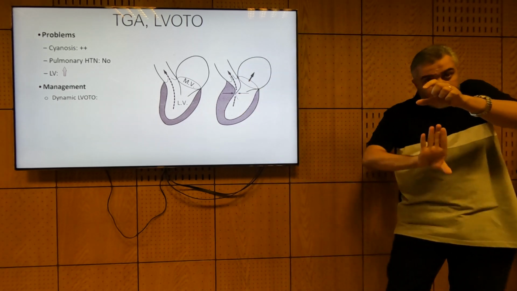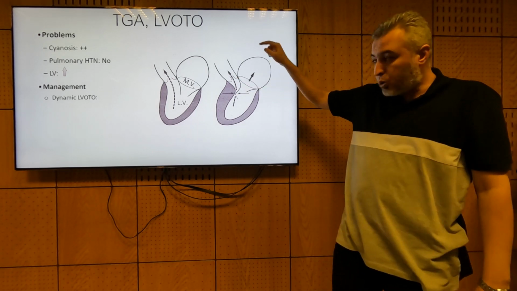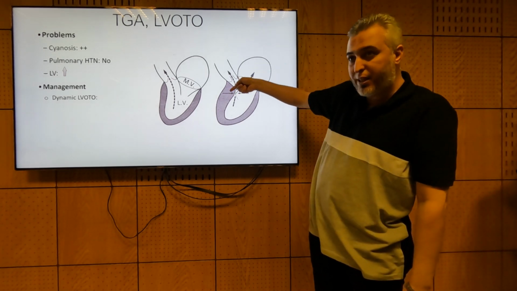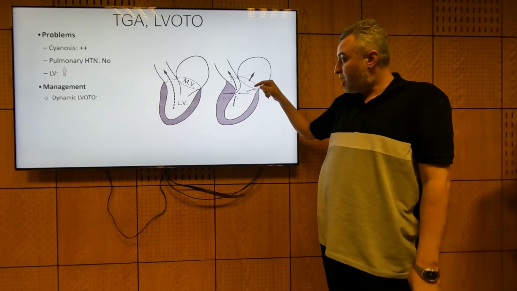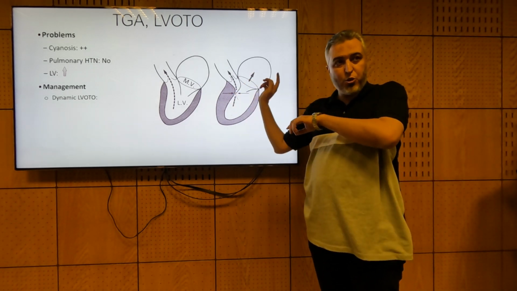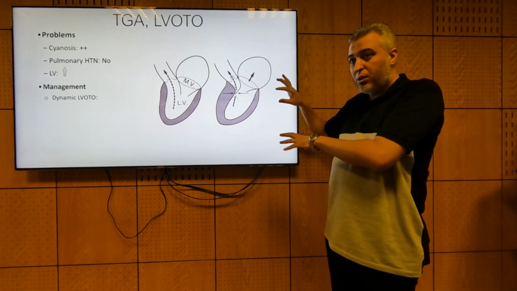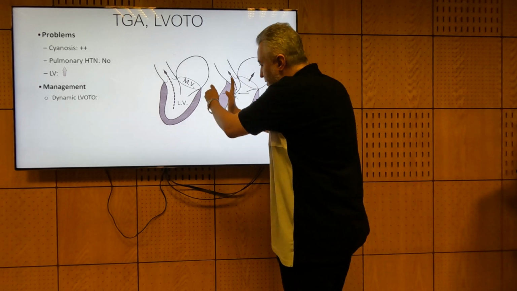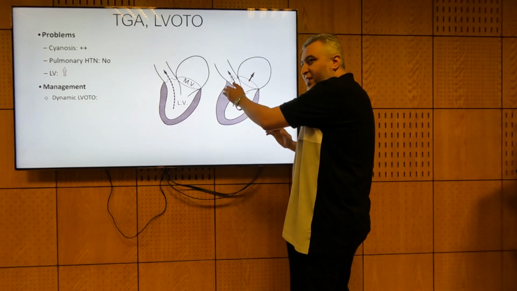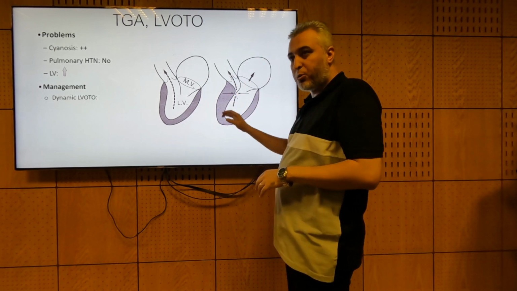So it actually pulls back the anterior mitral leaflet into the LVOT, causing anterior motion of that leaflet. And so the anterior mitral leaflet will sit in the LVOT, causing severe LV obstruction. The LVOT itself is not narrow. It's just because this septum has come very near to the anterior mitral leaflet, causing the Venturi effect with the systolic anterior motion.